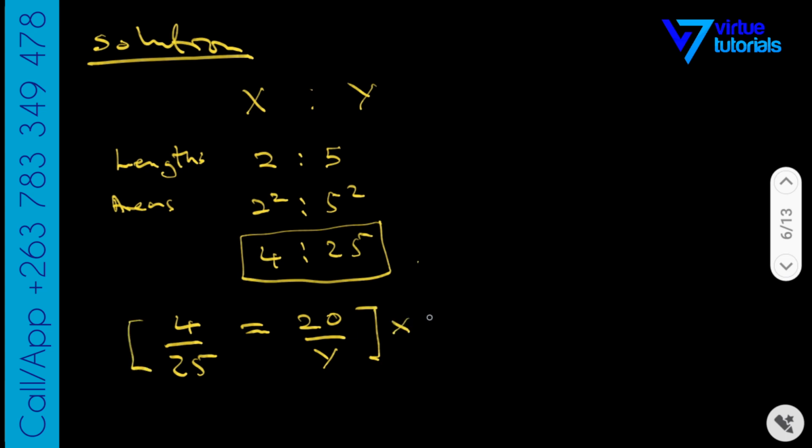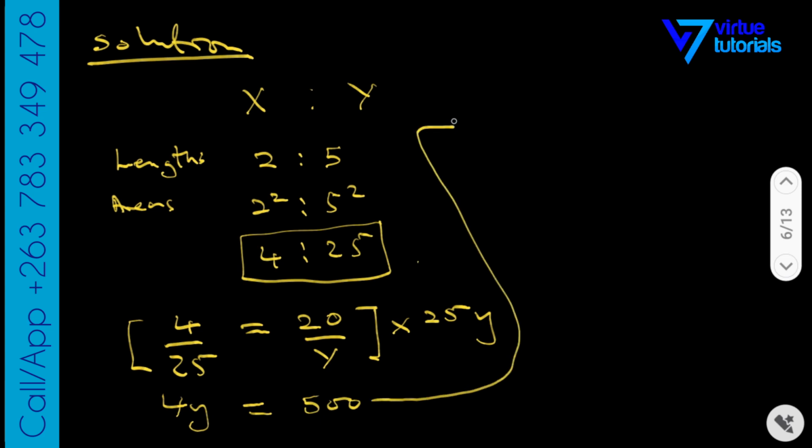Multiply both sides by 25y to remove both denominators. So 25 cancels 25, you get 4y, is equal to y cancels y, you get 25 times 20, which is 500.